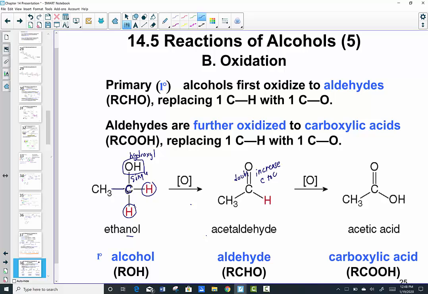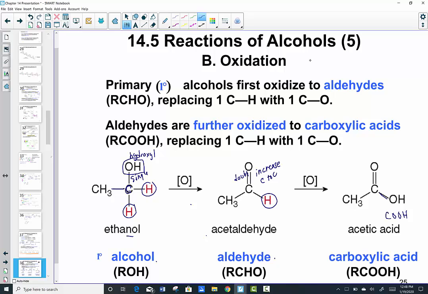And we've eliminated one of the C to H, that's also called oxidation. We went from an alcohol to an aldehyde. The aldehyde has that carbonyl at the terminal end. And in a next step, I can add even another bond and go all the way to form carboxylic acid. This example would show acetic acid.